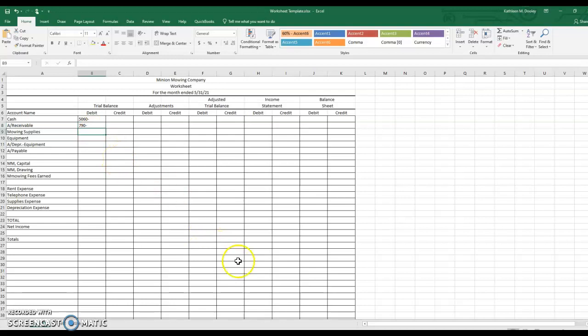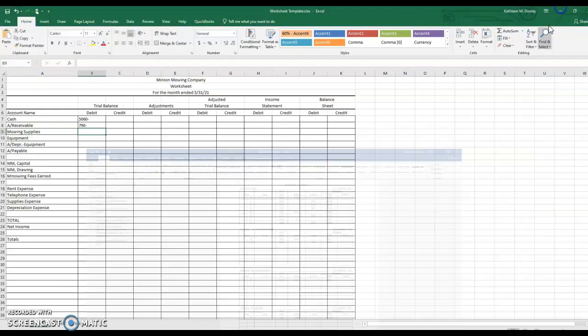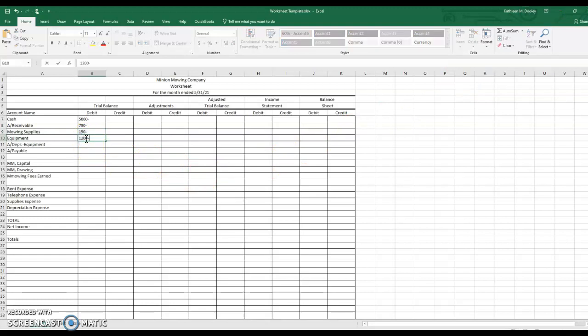Okay, mowing supplies is 150, equipment is 1200. Okay, we don't have anything yet in accumulated depreciation.